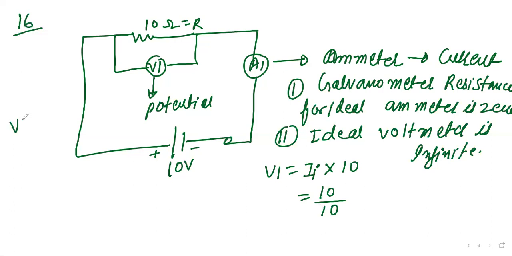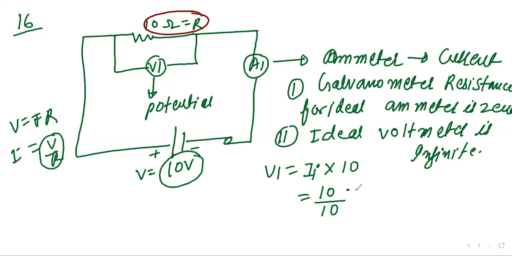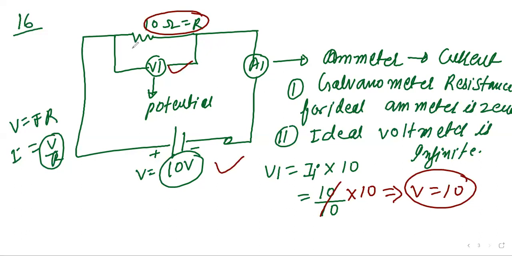As we know V equal to IR, so I is V by R. V is 10 here and R is also 10, so 10 by 10 is 1, and it is multiplied by 10, so V value is 10. This potential is applied here in series connection, so the voltage across these 2 points is directly V1.